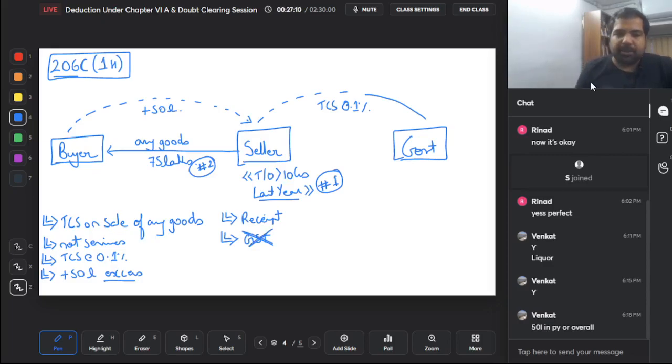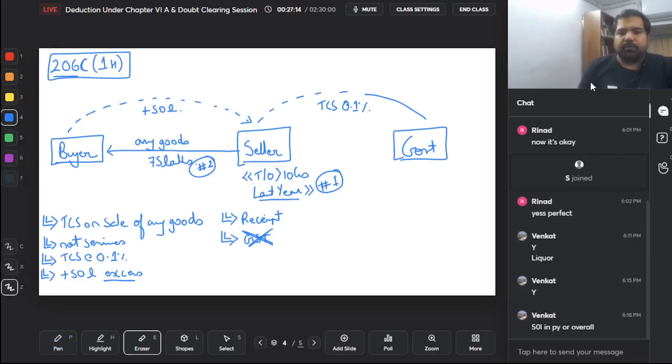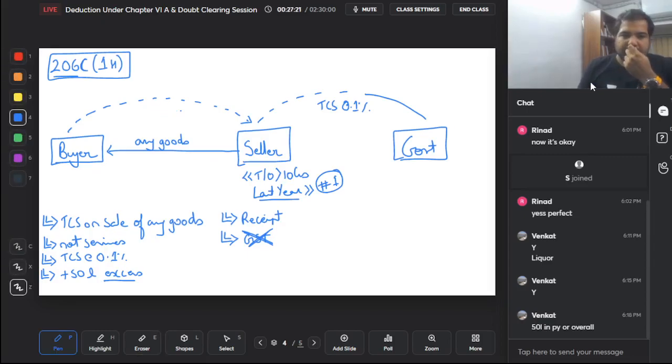So let's take an example, guys, with dates. You got an order that someone wants your goods, and let's say this buyer paid you 25 lakhs. Please tell me, on this 25 lakhs, will there be any TCS?